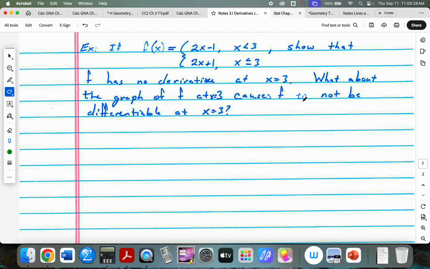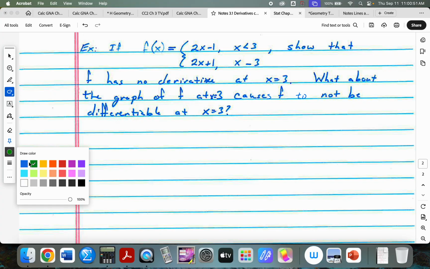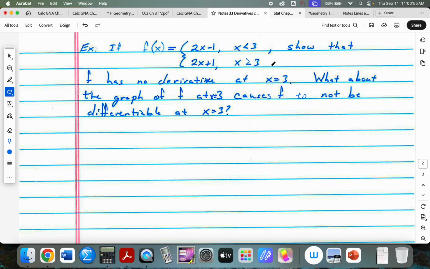The signs are both the same on the x is less than 3, because one is less than. Oh, I apologize. So many mistakes. Let's change that. Thank you.